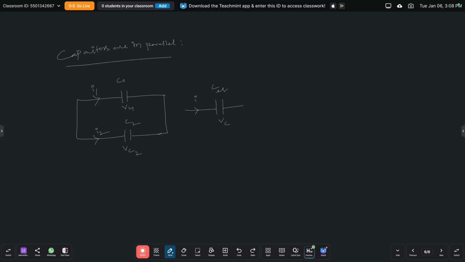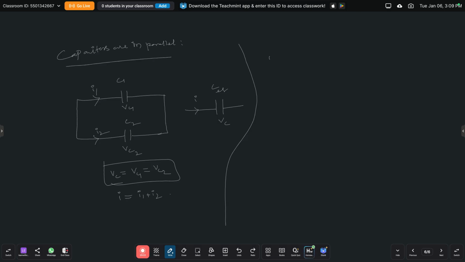So it is a parallel circuit, and a parallel circuit means there is always the same voltage. That means Vc equals Vc1 equals Vc2, and it has different currents. So I equals I1 plus I2. Here we substitute the values of I1 and I2.